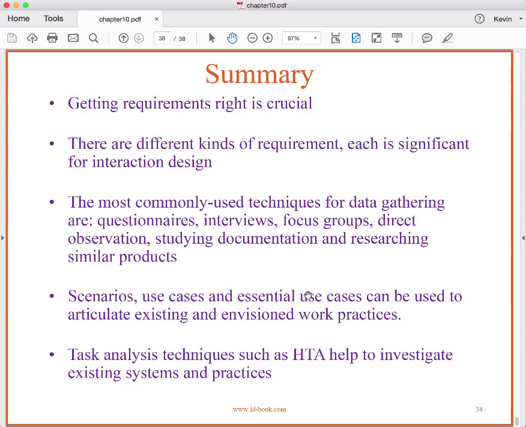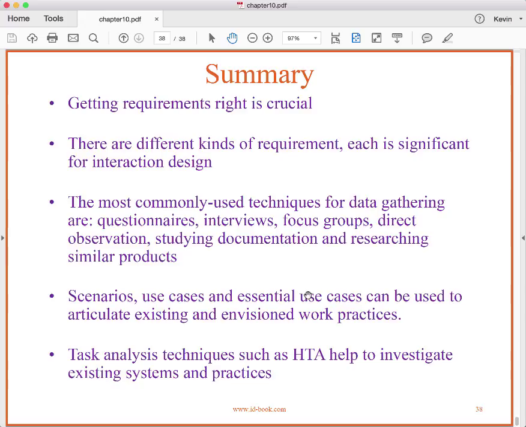Now I'll talk about the summary. Getting requirements right is crucial. There are different kinds of requirement. Each is significant for interaction design. So if we want to be exhaustive here, we want to say that there are 3 kinds. There are functional requirements. What does the system do? There are data requirements. What does the system have to know?